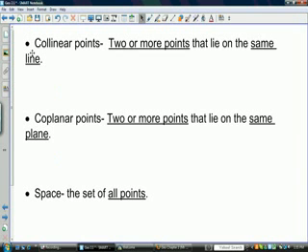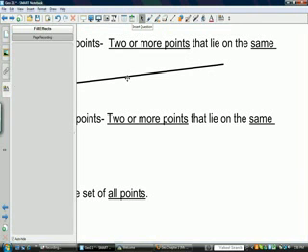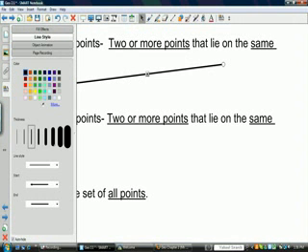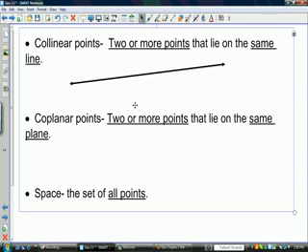Now, collinear points are two or more points that lie on the same line. If I wanted to make an example, I could draw my line here. Now it should have both sides.